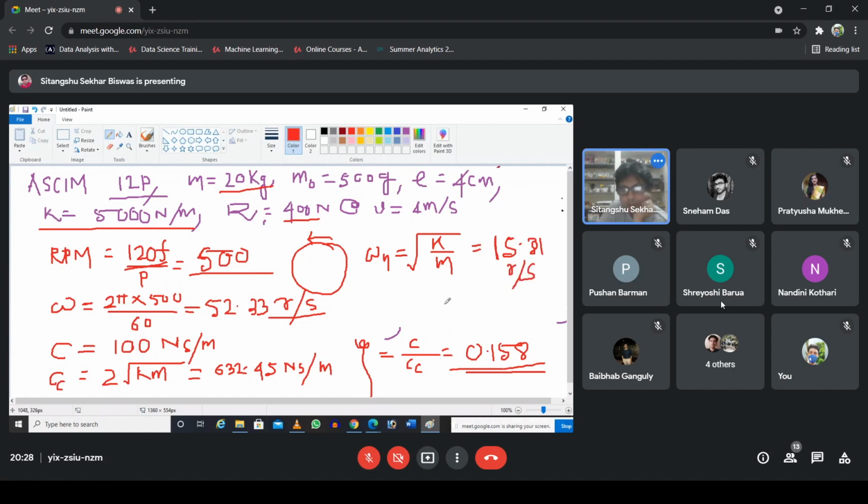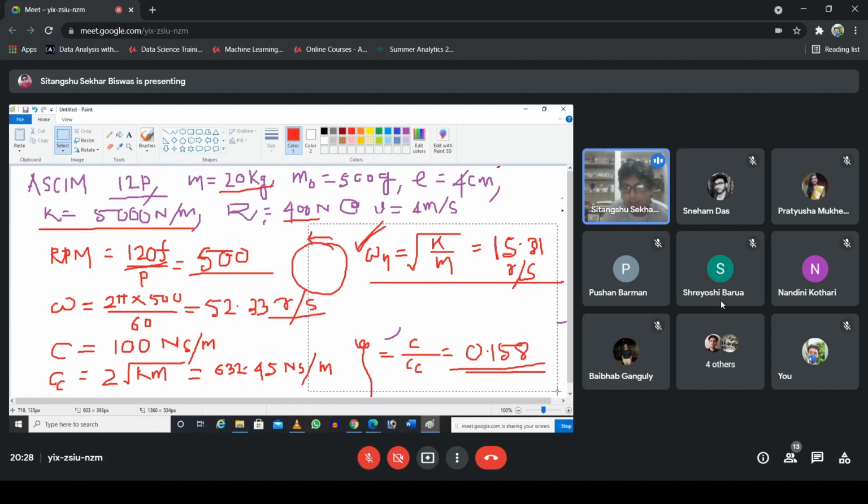Okay, this is the natural frequency. Means this is the speed at which the resonance will occur for the particular system.